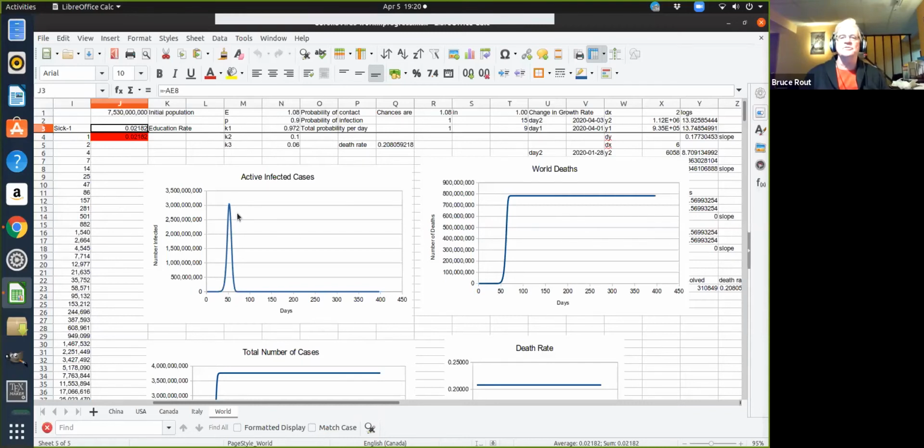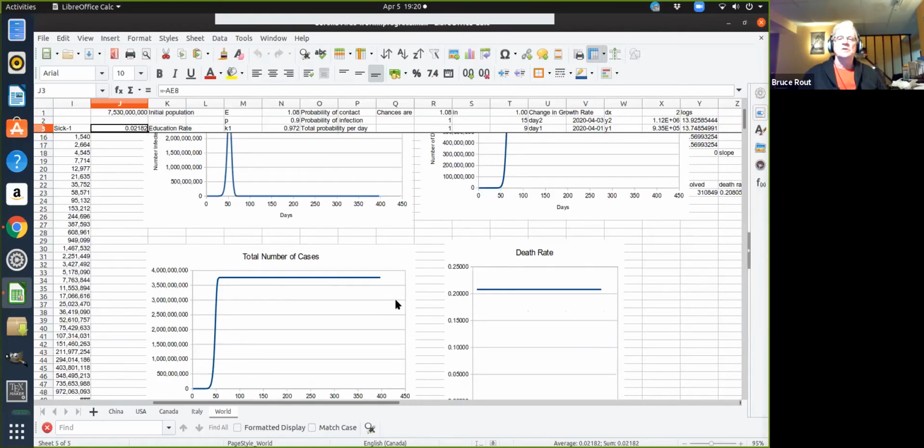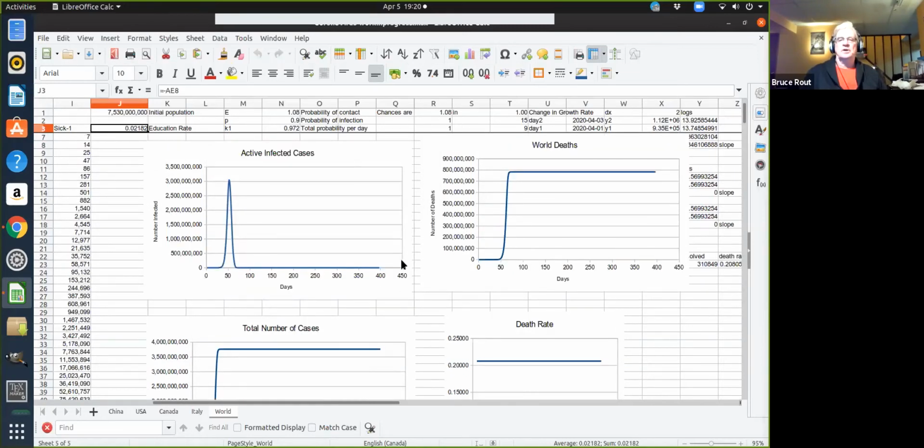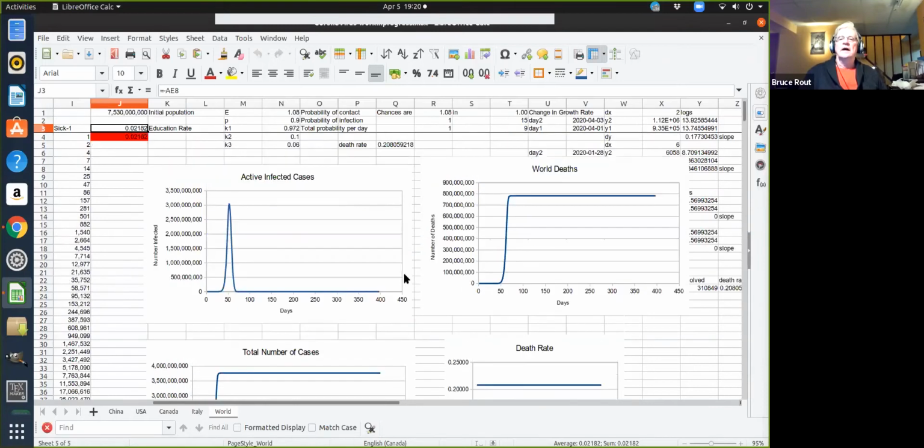Now, the reason this is important is because we're seeing 3 billion people at a time who will be sick. We're talking about 800 million deaths. Total number of cases eventually will hit about 3.7 billion people. It's pretty well the population of China at the present rate if things continue the way they are.